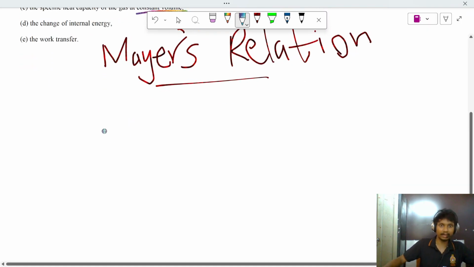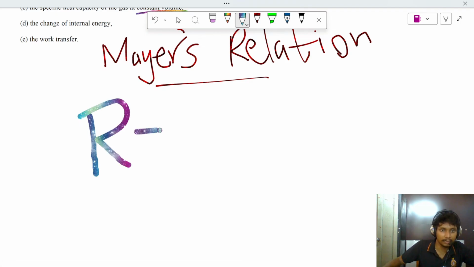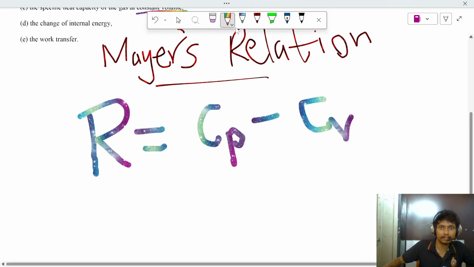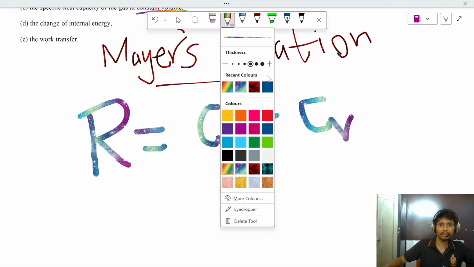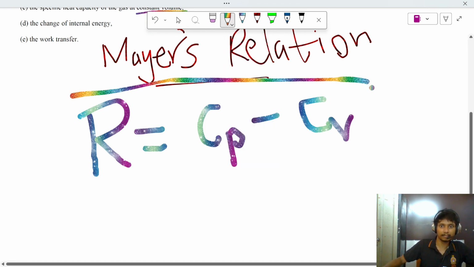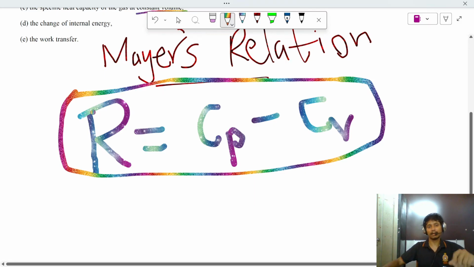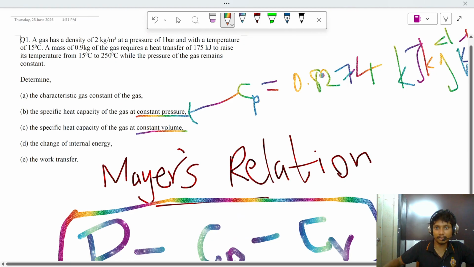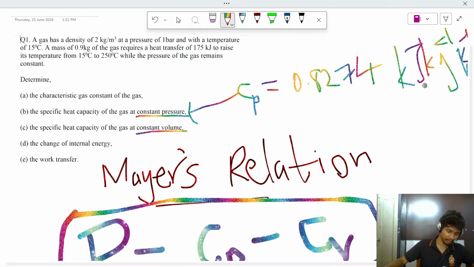That relation is R is equal to Cp minus Cv. This is the equation. R is equal to Cp minus Cv is Mayer's relation equation. We already found Cp is equal to 0.8274 kilojoule kilogram minus 1 Kelvin minus 1.